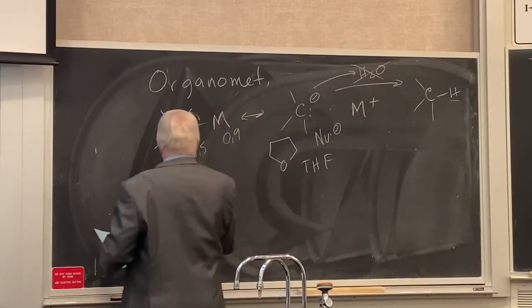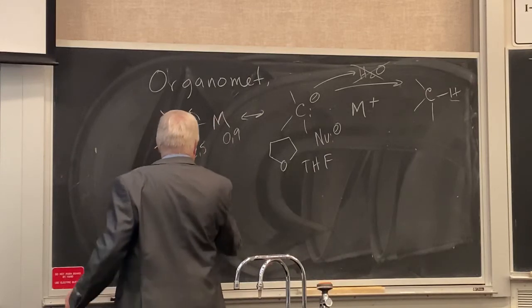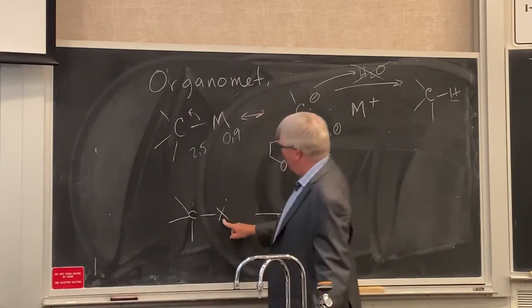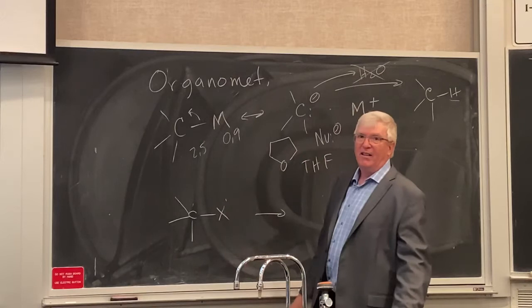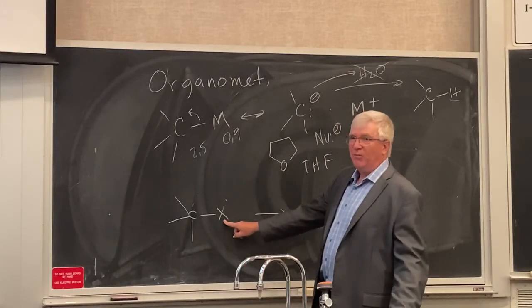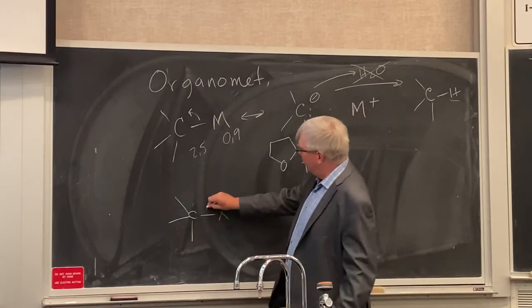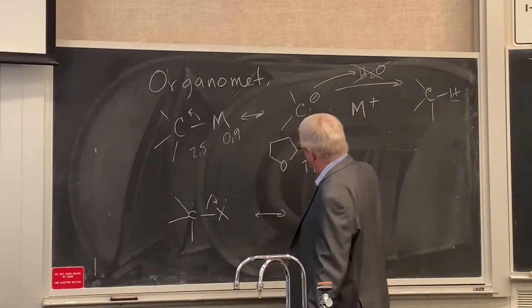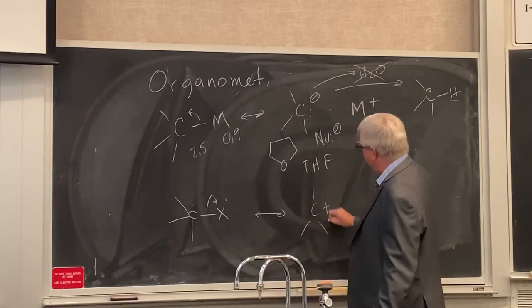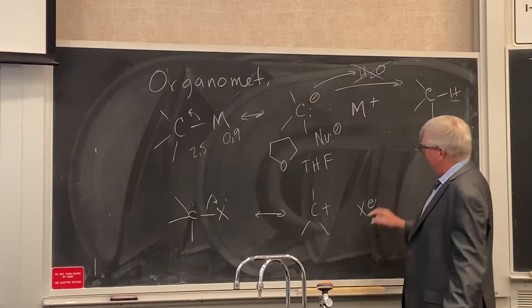Now, the reactions we've seen before, reactivity with carbon, were this, right? Where we had a more electronegative halide, bromide, chlorine, whatever. And here the polarity is such that what? We were thinking of carbon as an electron deficient species with a halide leaving group.